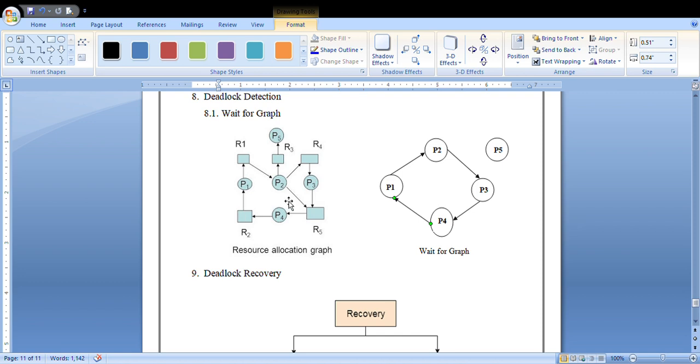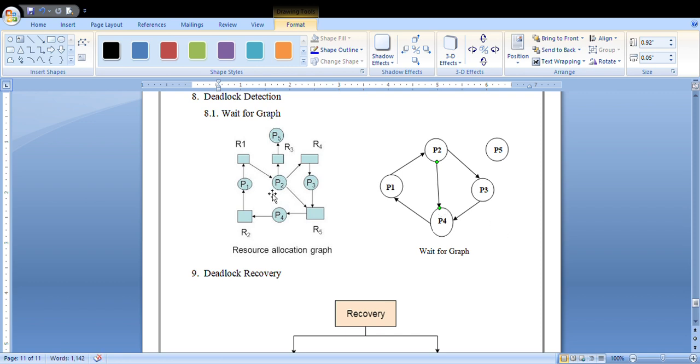Next, here can you see this? From P2 process there is one request for R5, which is already allocated for P4. Now what you are going to do? From the P2 process you are sending a request to the P4 process. It is nothing but your P2 process is waiting for P4 process to release the resources.